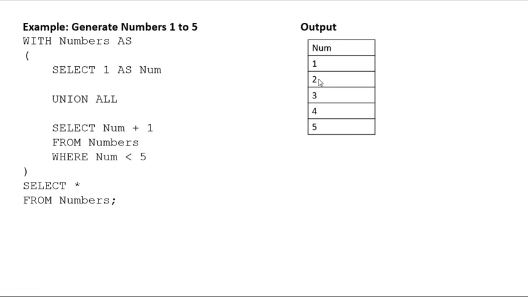So 1, 2, 3, 4, and 5 are returned, and 6 is not, because the condition is false.